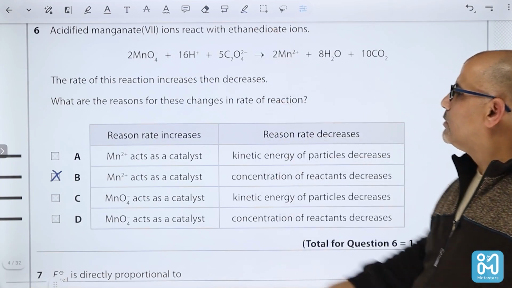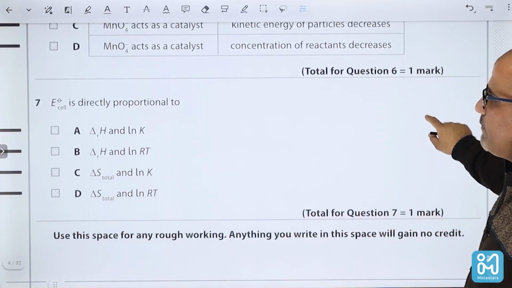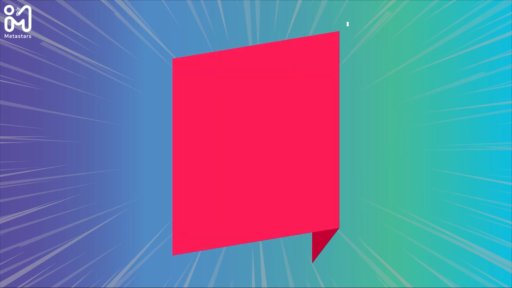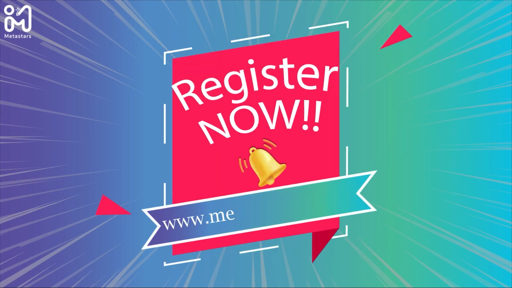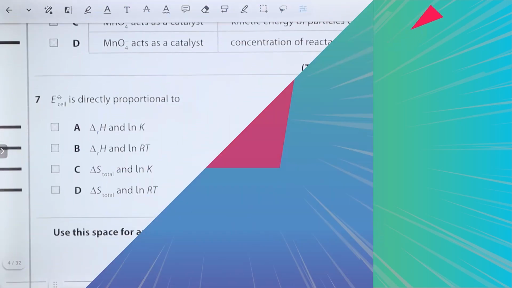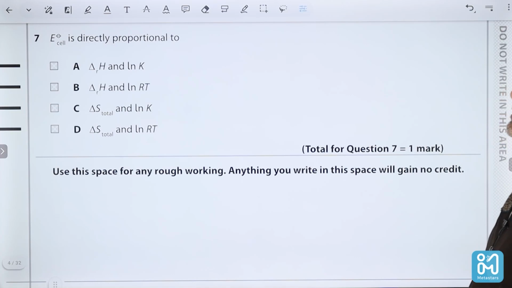Now, what's next? Question 7. Here, E-node cell, it's the standard electrode potential for the cell. He is asking you, it is directly proportional to the delta H of the reaction and ln K. It is the delta H of the reaction and ln RT.